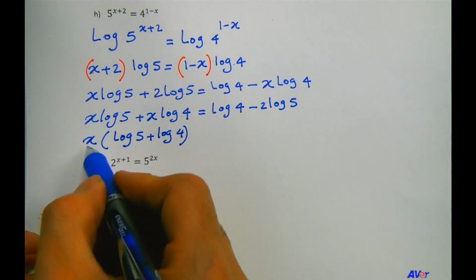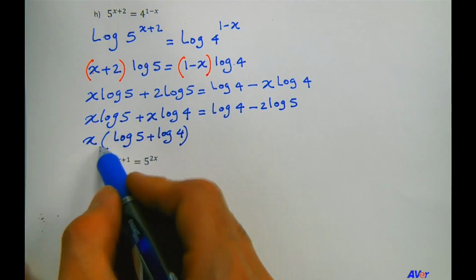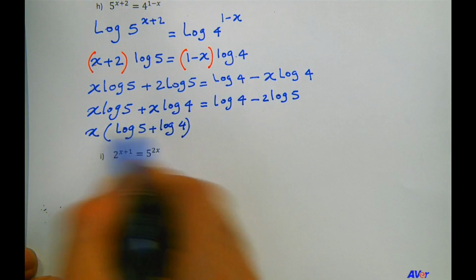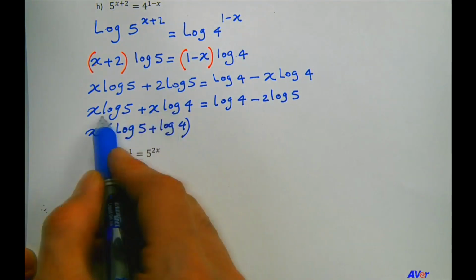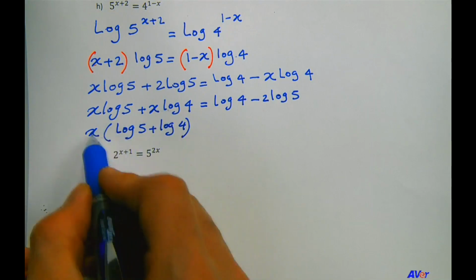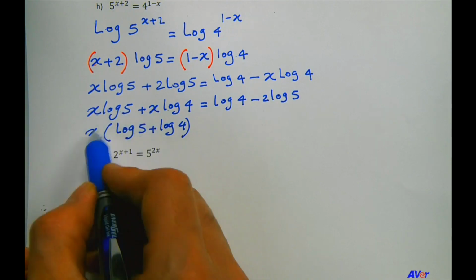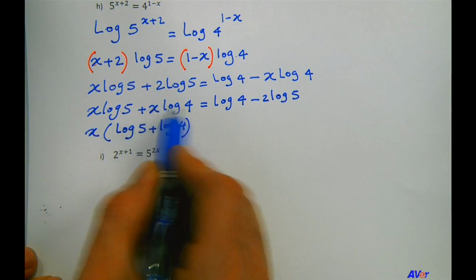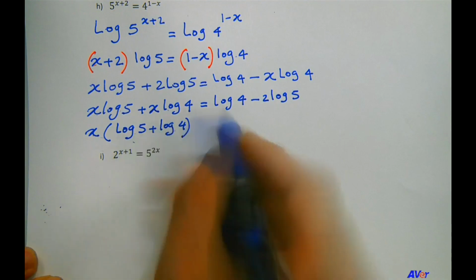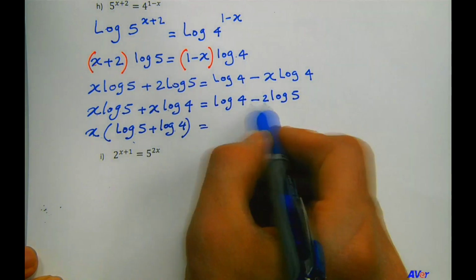Remember, factoring is the opposite of the distributive property. So if you factor this right, when you redistribute the x into these 2 terms, you must get these previous 2 terms. Will we get these if we distribute the x? Let's see. x times log of 5, x log 5, plus x times log of 4, x log 4. So yes, the factorization is in fact correct. On the other side, we just have log of 4 minus 2 log of 5.